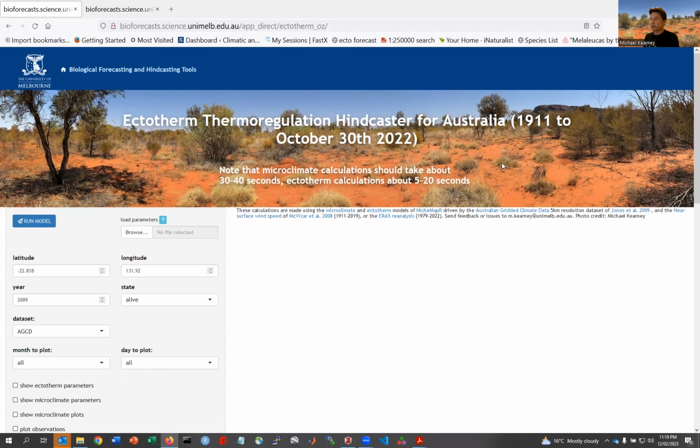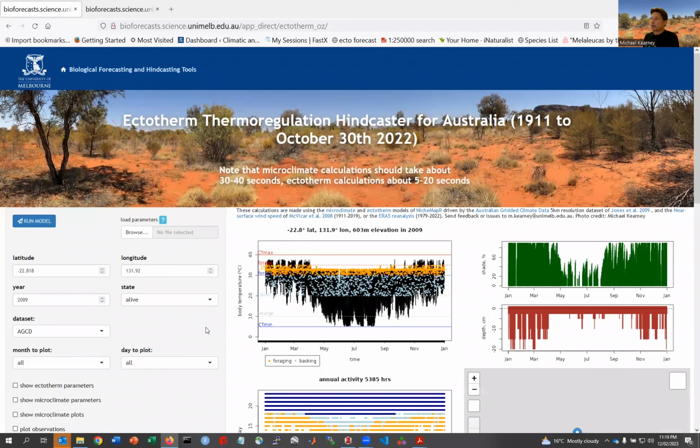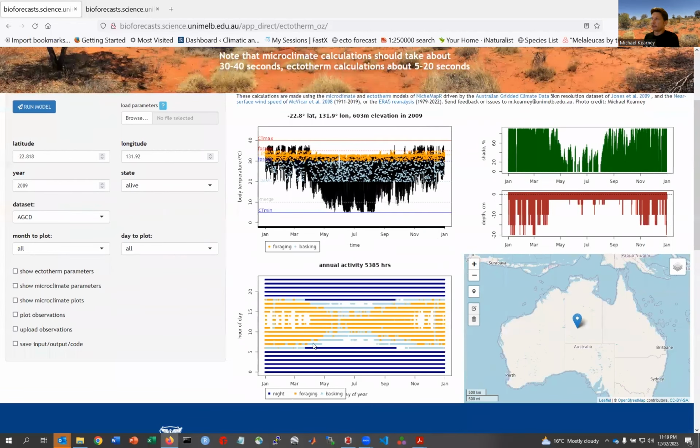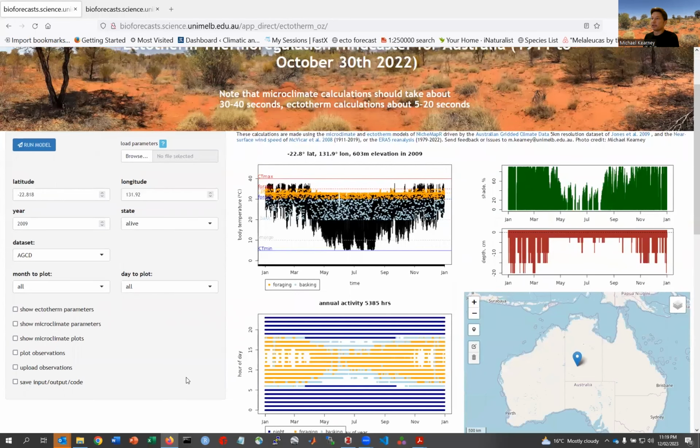And so with the ectotherm model, you can see shortly what the body temperatures of a lizard would be out there, if it was thermoregulating, how much shade it would use, how deep it would need to go, the activity window. You can see that it would actually have to seek shelter in a burrow and stop being active at certain times of the day because it's so hot in the middle of summer in this location.